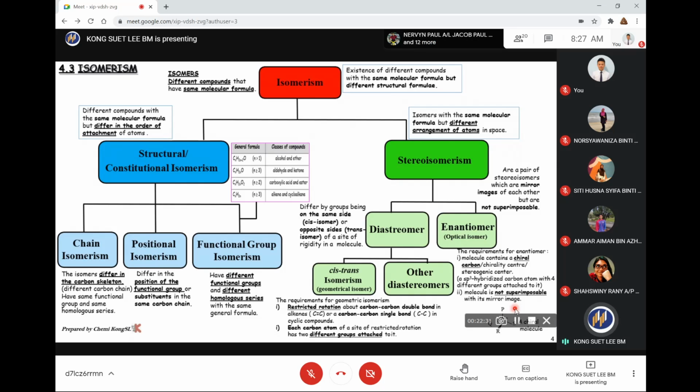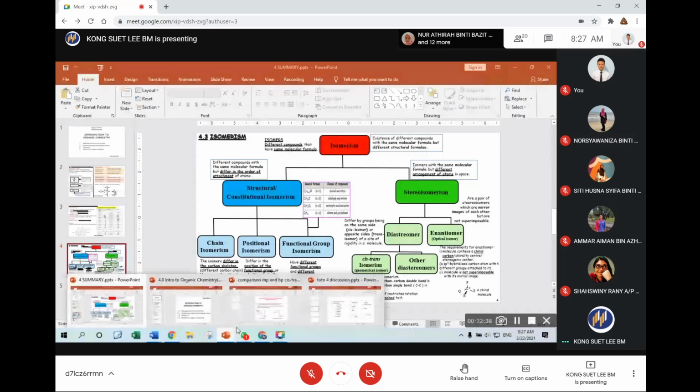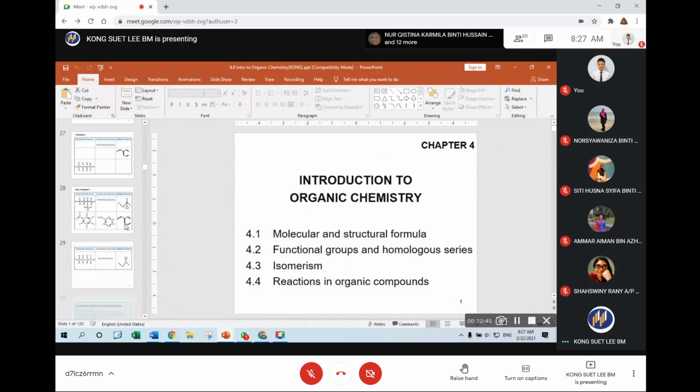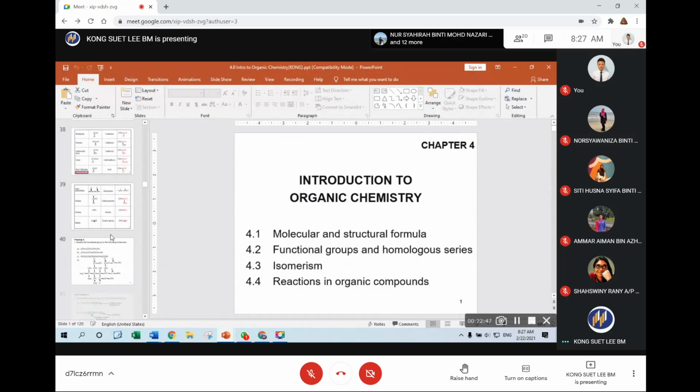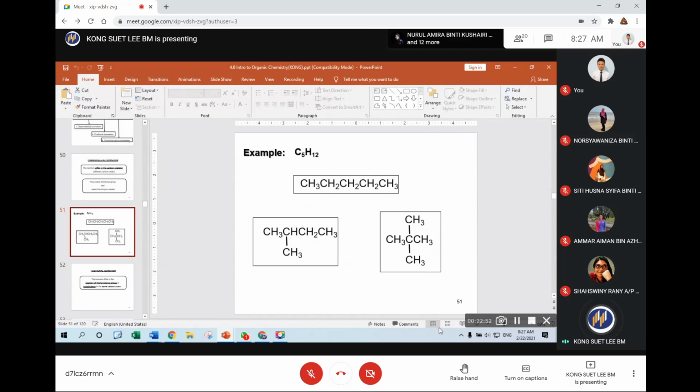Let's look at some examples about isomerism. Okay, so this one is chain isomer, all with C5H12.